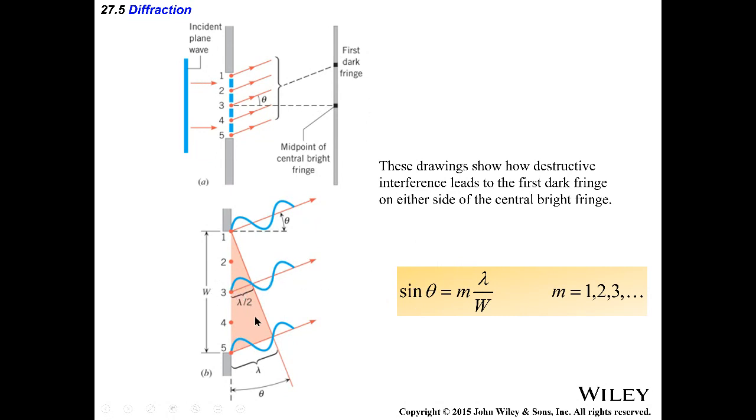And sine theta, the angle, is m lambda over w, because that's the trigonometry. This angle being theta, sine theta is m lambda over w, w being the width of the slit. It's a tiny slit.